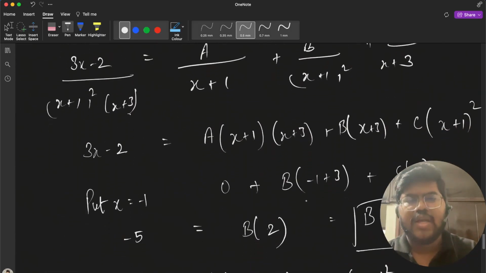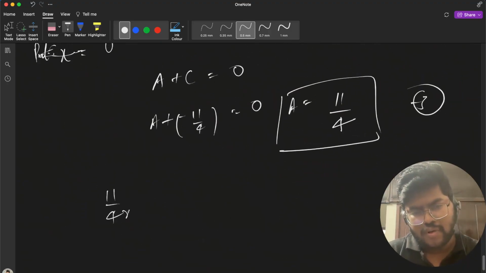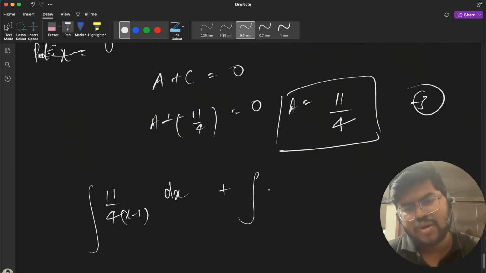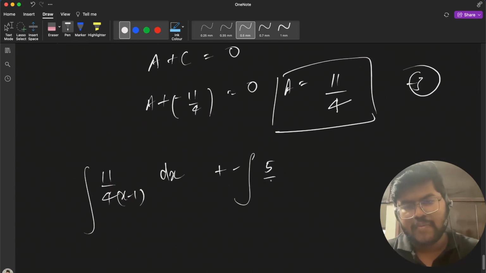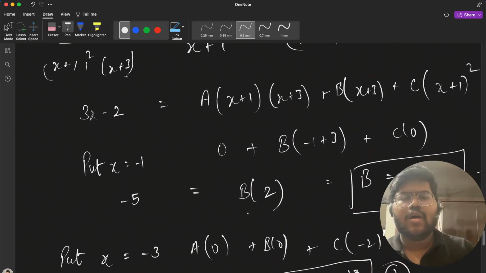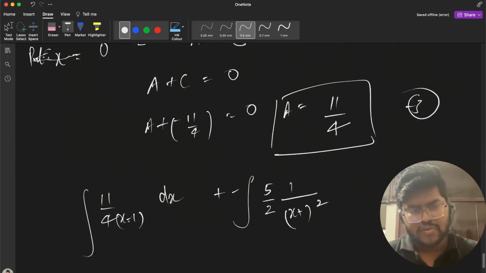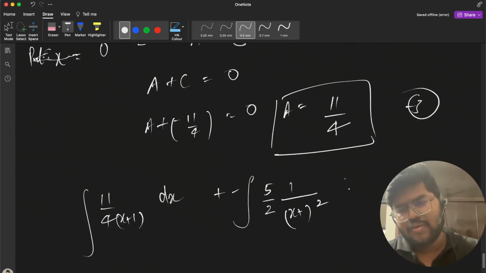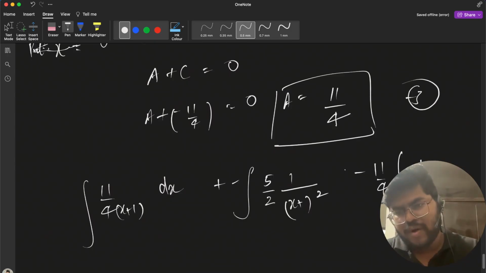So we have integration of 11 by 4 upon (x plus 1) dx, plus integration of b, whose value is minus 5 by 2, times 1 upon (x plus 1) whole square, plus c, so minus 11 by 4 times 1 upon (x plus 3) dx.